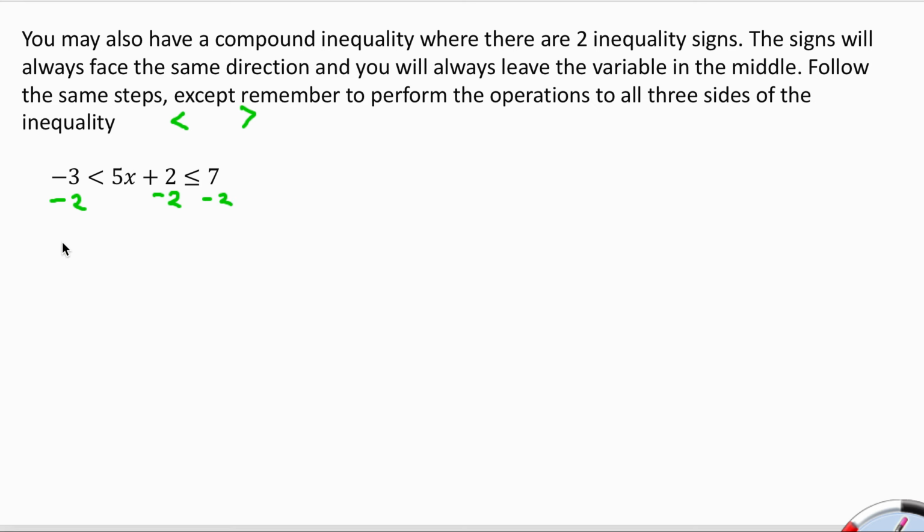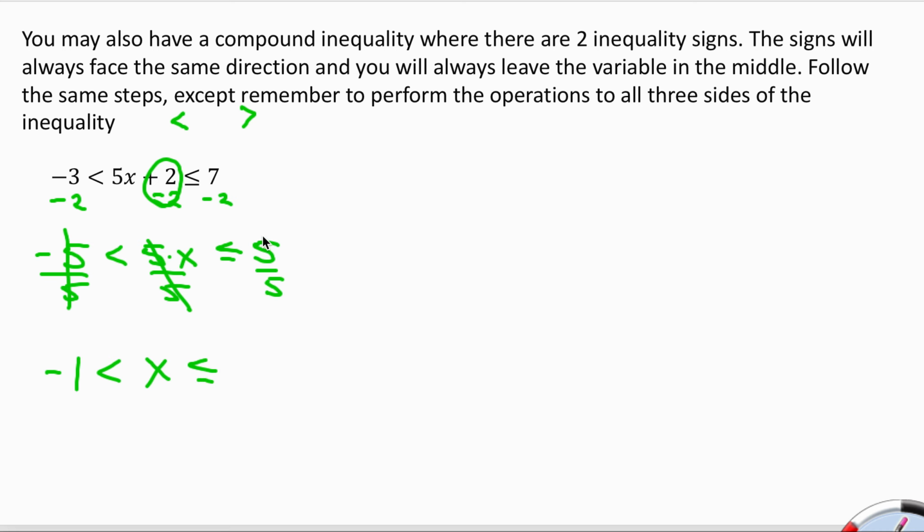So signs are the same means add. Keep the sign of the biggest. 5x plus 0 is 5x. 7 minus 2 is 5. Then undo whatever's being multiplied. Just undo it on all 3 sides. Okay, so negative 1 less than x less than or equal to 1.